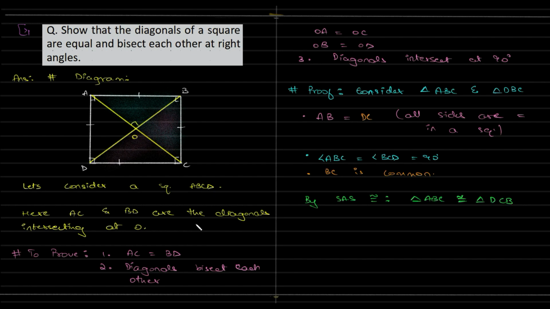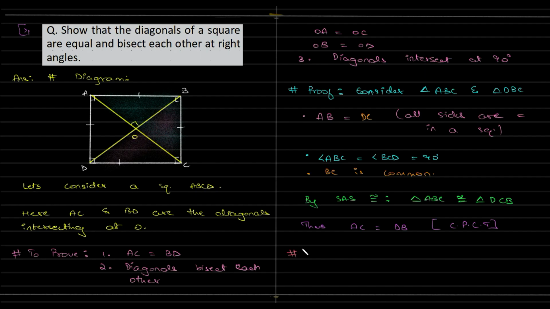This is how I should write. AC and DB. So with this, I'll be able to tell thus AC is equal to DB by CPCT. Okay, so we are done with the first one.